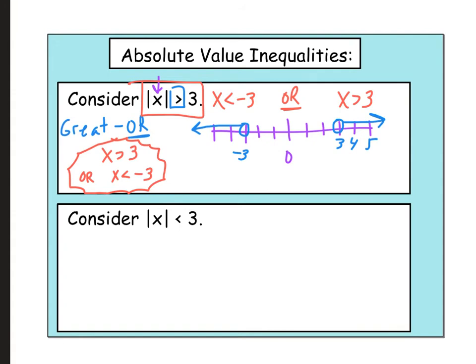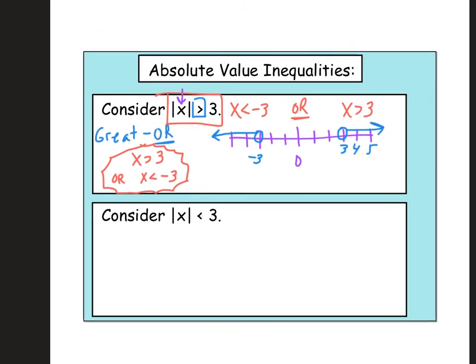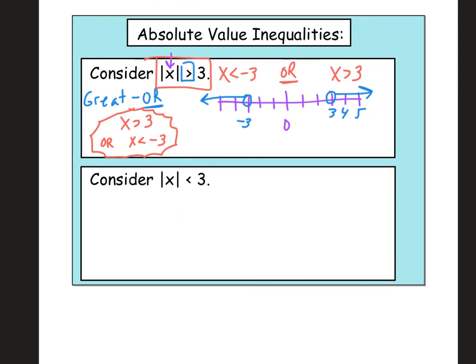Now the other case, the less than situation. Let's draw it out again visually. So we got 0. Let's do 1, 2, 3, 4, 5, and 1, 2, 3, 4, 5 on the negative side. Now in this case, I'm going to try and show all the numbers whose distance from 0 is less than 3.